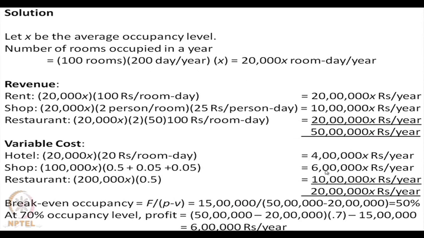This comes to 6 lakh x rupees per year, and in a similar fashion a restaurant comes to 200,000 x into 0.5, which is 10 lakh. The total variable cost is equal to 20 lakh x rupees per year.